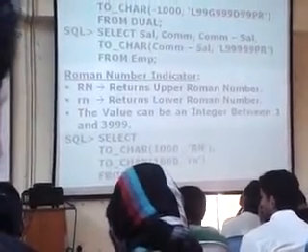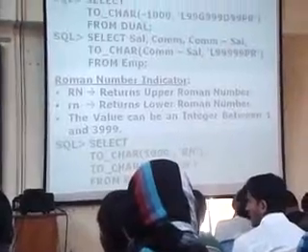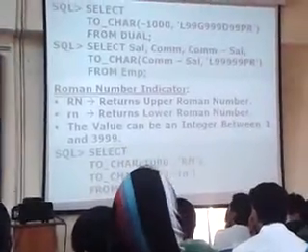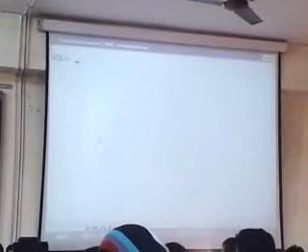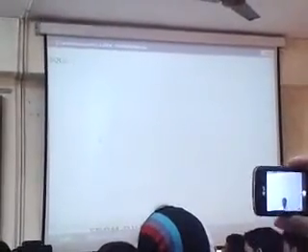Now coming to the next one, the Roman number indicator. Oracle has the capacity of converting any specific number into a Roman number following the rules of the Roman number system. You should always remember one thing: the number system is infinite, but the Roman number system is finite. The Roman number system always starts with 1 and always ends with 3999.